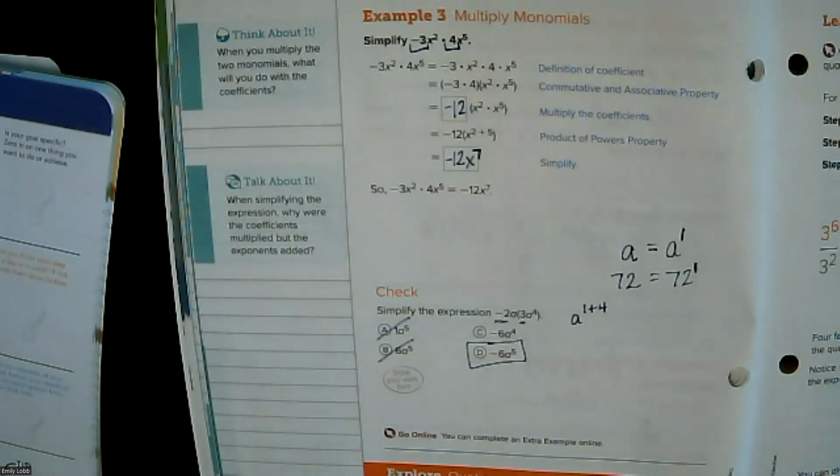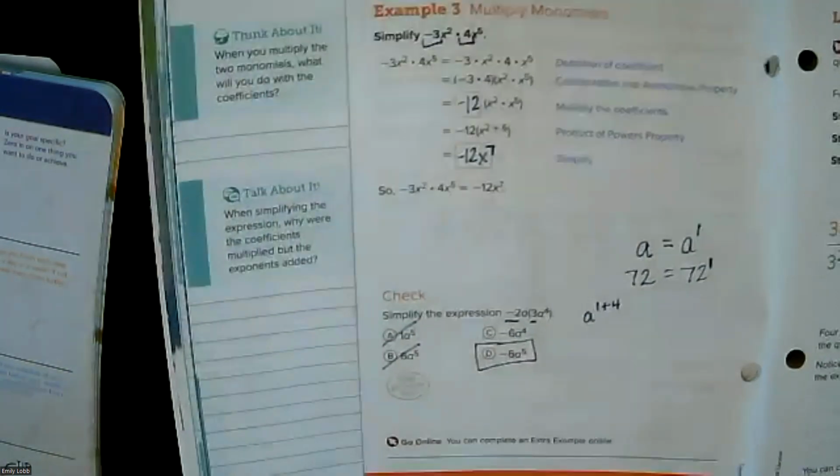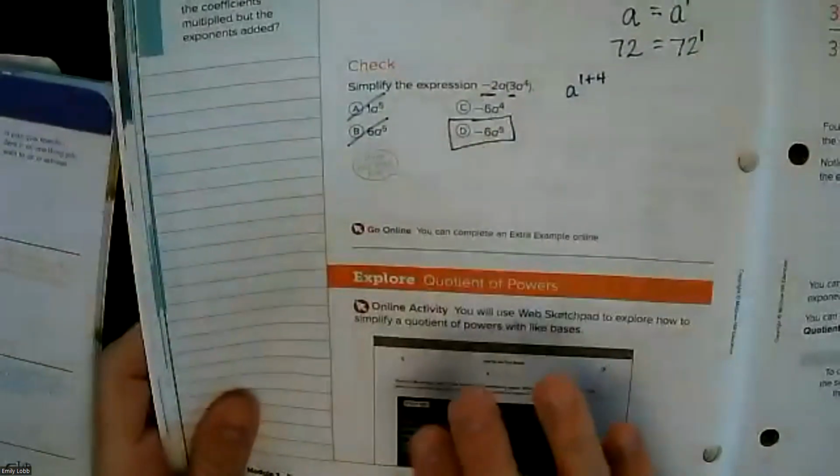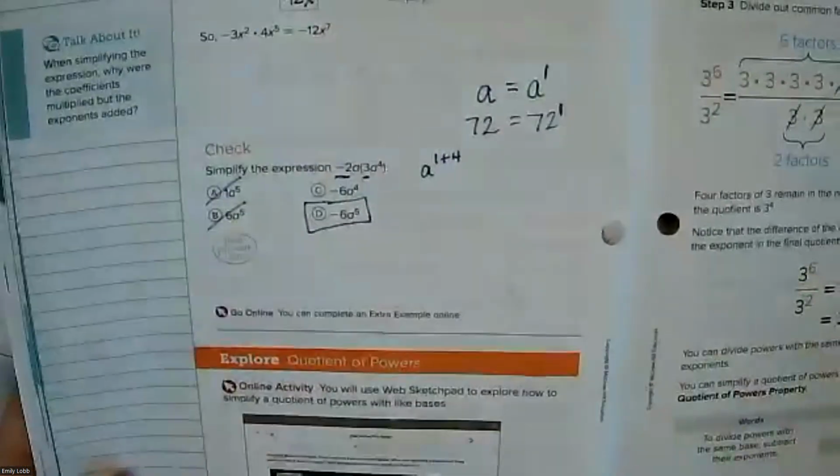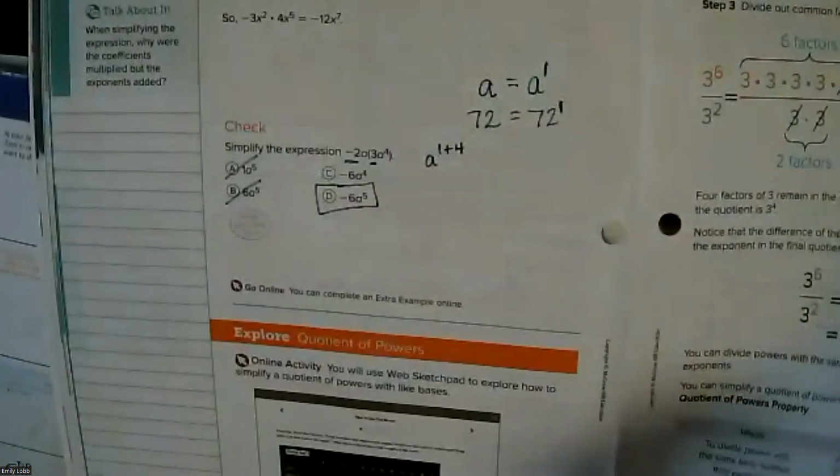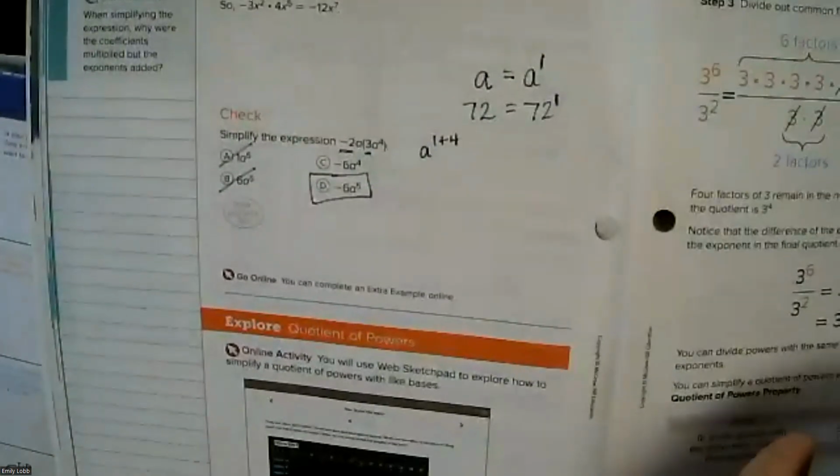All right. We're going to save quotient of powers for another day, but as you can see, we're going to follow the same order of exploring and then learning. So we're going to turn to page 23.